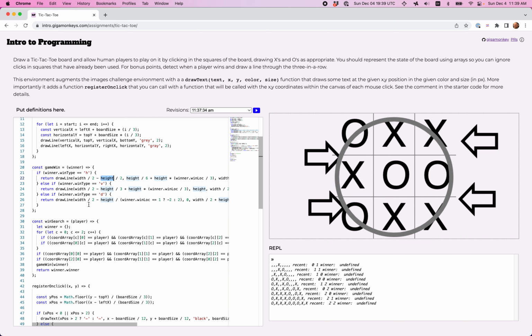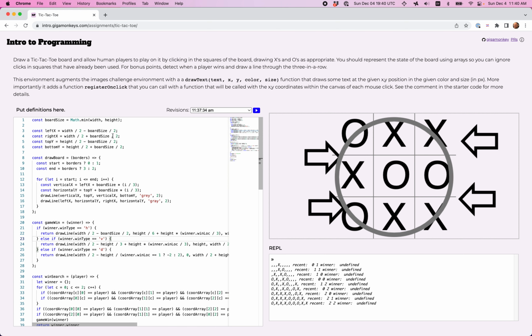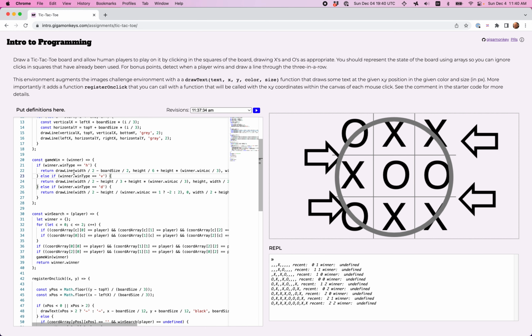Width divided by 2 minus height divided by 2 doesn't make any sense. I think this height, again, is the board size. We're basically going width divided by 2 minus board size divided by 2. That is the left x. Okay, so that escaped, I think because it was written in min before. But that really is left x, which makes sense because this is a horizontal winner.